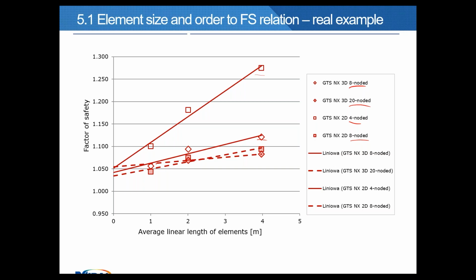So when you are performing factor of safety calculations in finite element method, you should choose a higher order element to be sure of the results. Also, if you are performing back analysis to calibrate a model, for example, of this size of element, you should also in the next calculations choose the same size of elements.